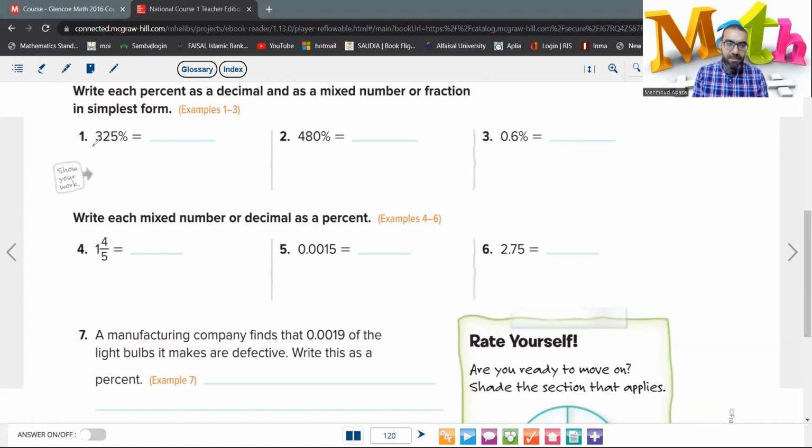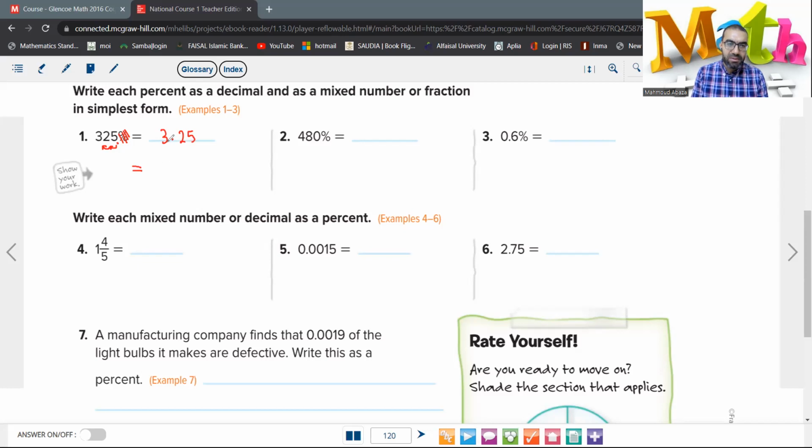325%. Let's imagine that there is a decimal point here and we want to cancel the percent sign. So we move decimal point to the left two places. So it will be 3.25.